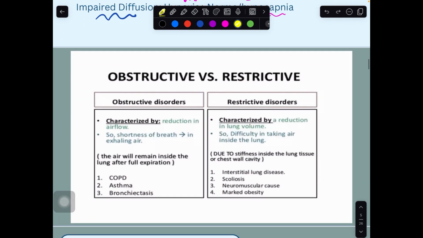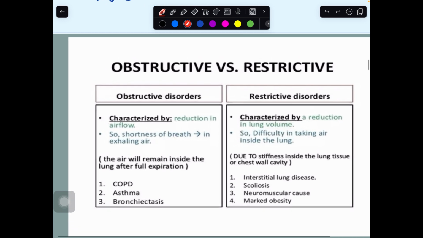Now, to talk about the difference between obstructive and restrictive disorders, I will touch on it very briefly, just to understand. In obstructive disorders, the problem is in expiration, meaning that there's something obstructing. You can get in air normally, because taking in air, or inspiration, is an active process.